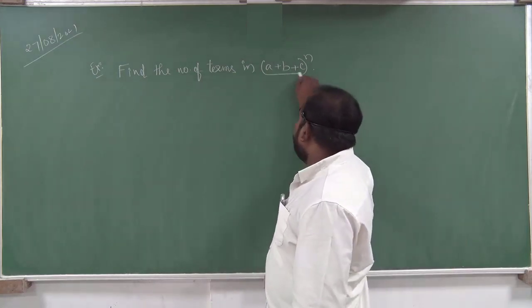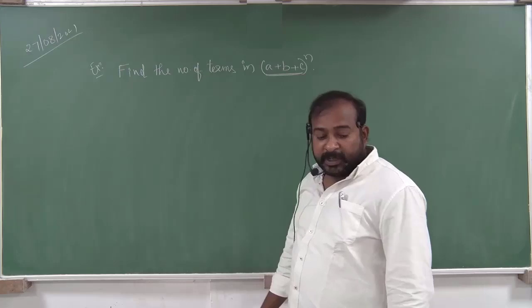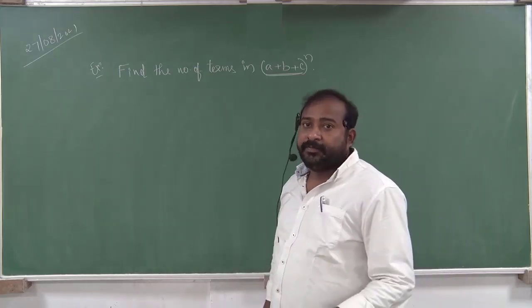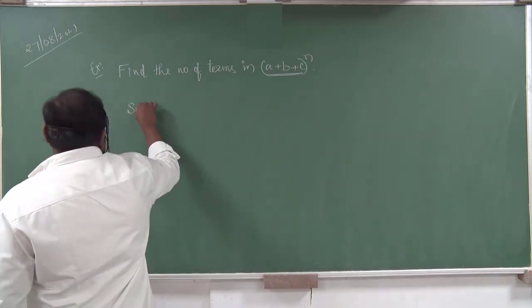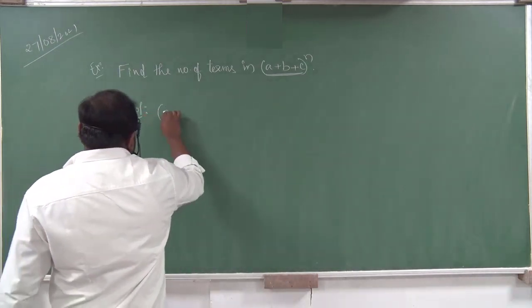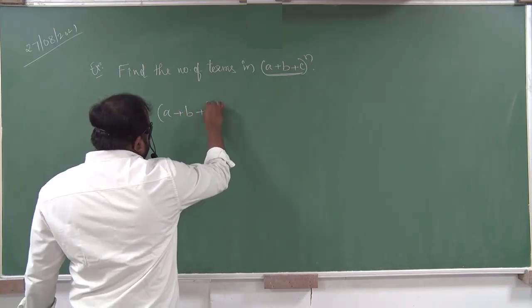For example, 3 variables are there here, (a + b + c)^n. Then how many terms will be there? Listen for this one. So here the expansion is (a + b + c)^n.